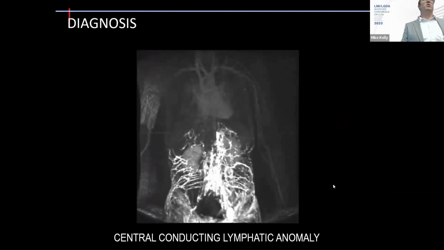Okay, so I'm going to get into some pathology now. This is an MR lymphangiogram of an 8-year-old patient who has central lymphatic conducting anomaly. And what you can see, we call this pathognomonic imaging. Instead of going up into your thoracic duct, this is MRI gadolinium contrast going into your dermal lymphatics, going retrograde down into your lower extremity lymphatics and dilating, sitting in your retroperitoneal lymphatics.